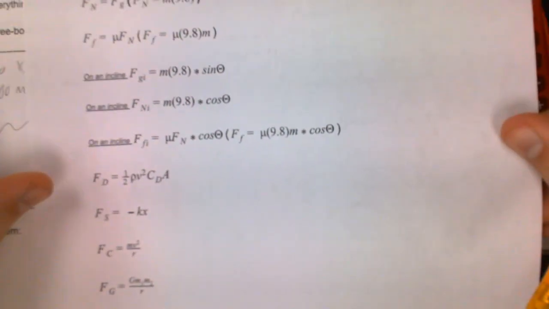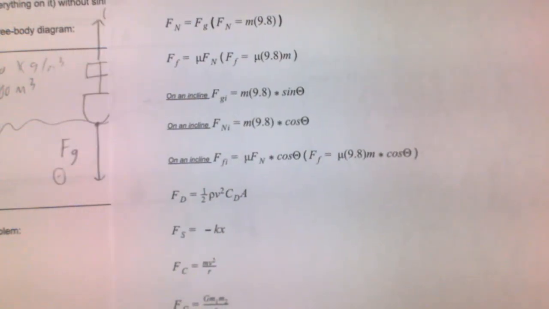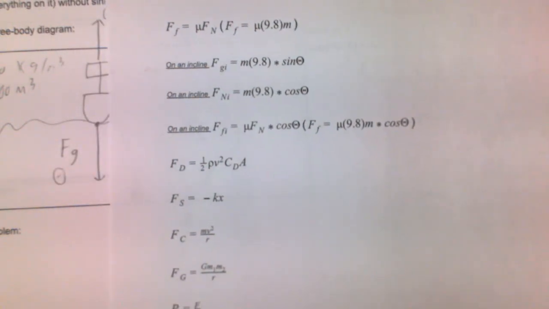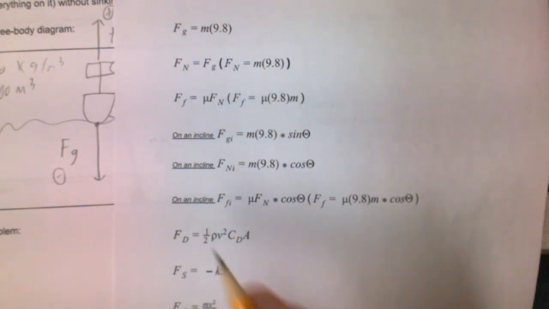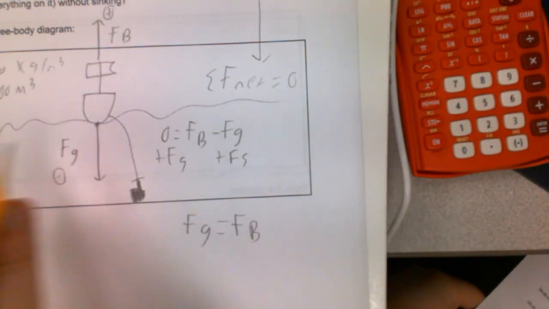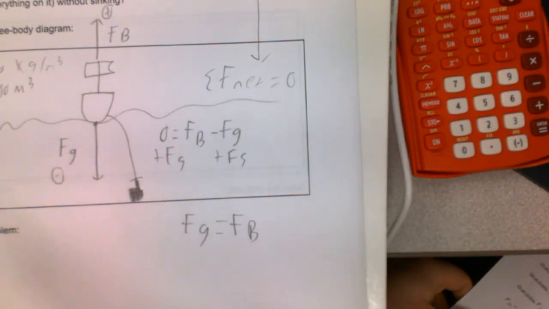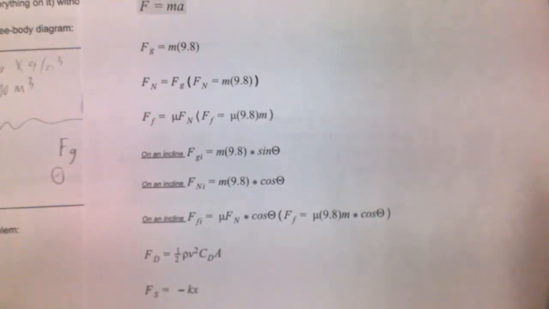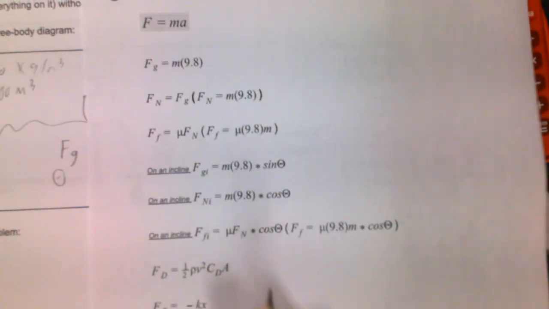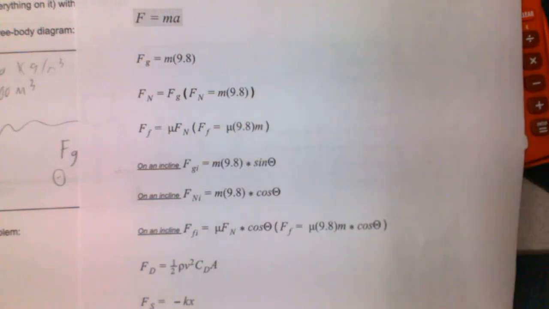Let's look at our equation sheet here and see what these forces are. So first things first, we are not on an incline, right? We're on a flat, roughly even ocean surface here. So we're going to assume we are not on an incline. There's no angle present. So the force of gravity we're going to use, Fg, is m times 9.8.